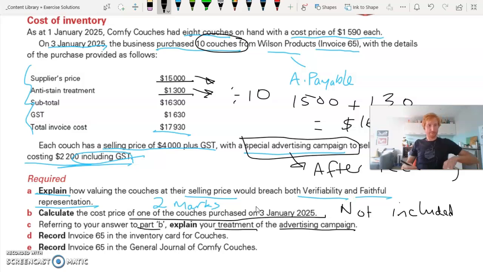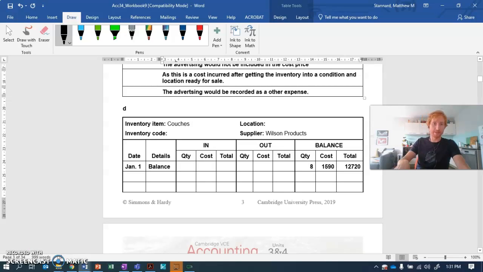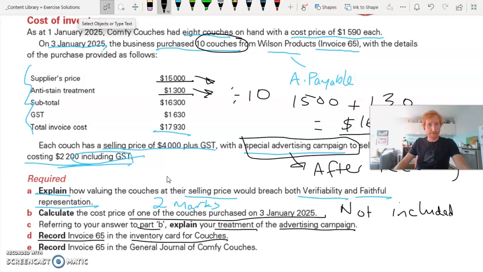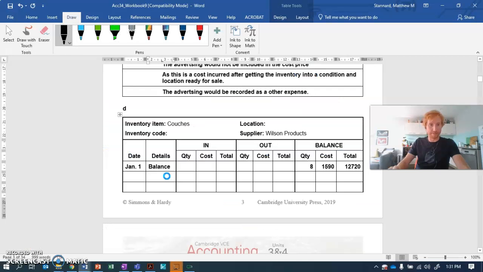Next we have: record invoice 65 in the inventory card for couches. We've already included our 1,630 per couch, so that's the cost price we are going to use here. The source document was invoice 65.